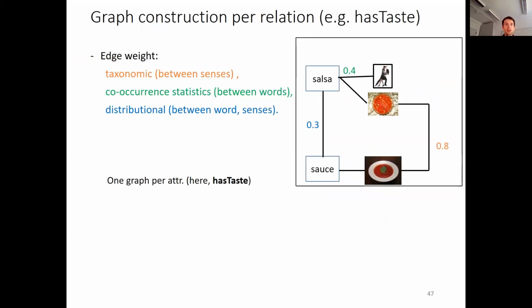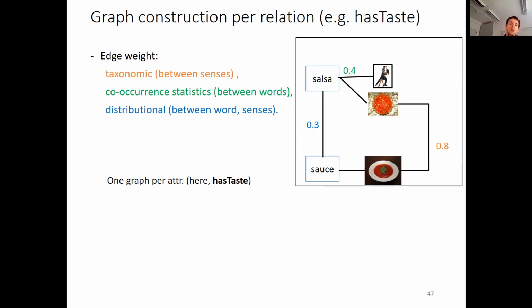So here we see an example graph. So we have on the left-hand side the ambiguous surface forms, sauce and salsa. On the right-hand side, we have their senses, so the salsa dance, the salsa sauce, then the general sauce. And the edges that are used to populate this graph are taxonomic edges. So the salsa is a sauce. This is the edge with weight 0.8 on the right here.